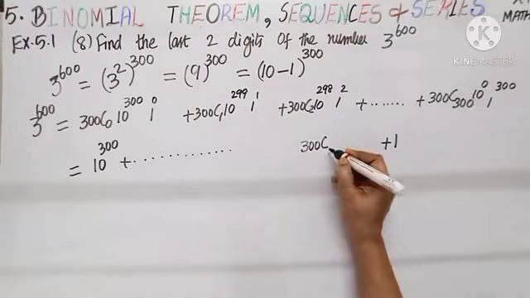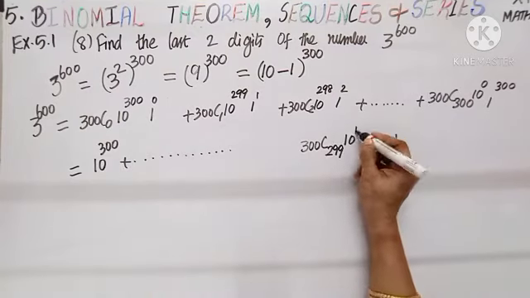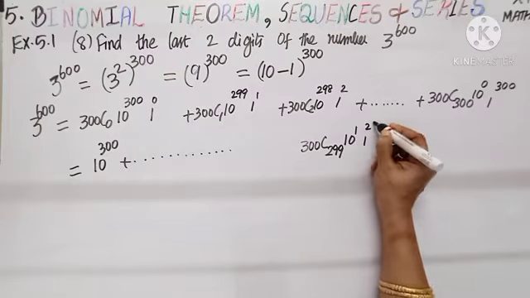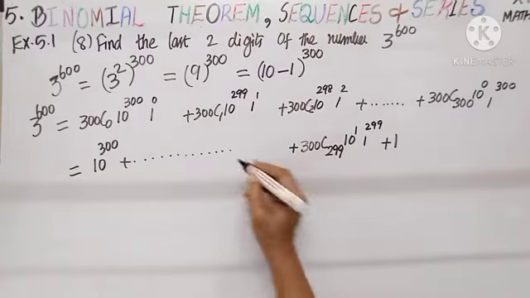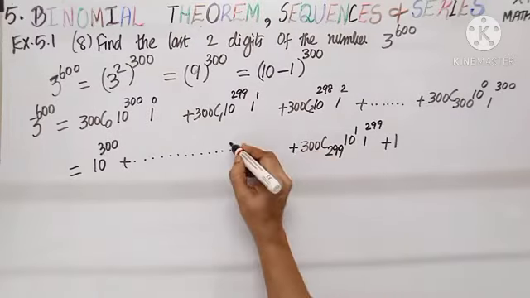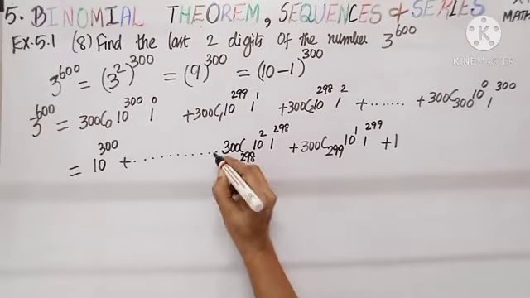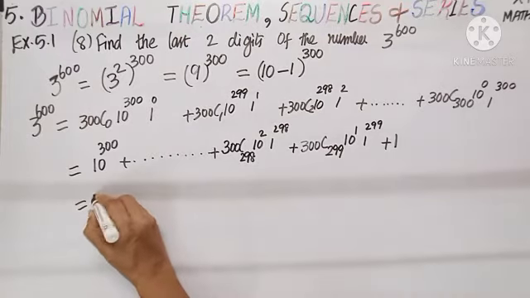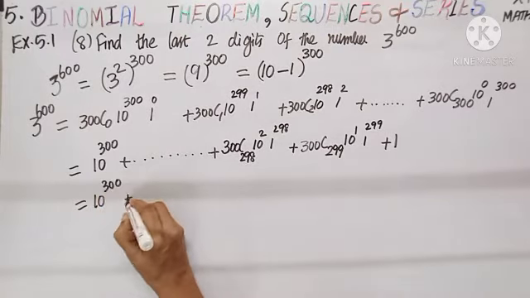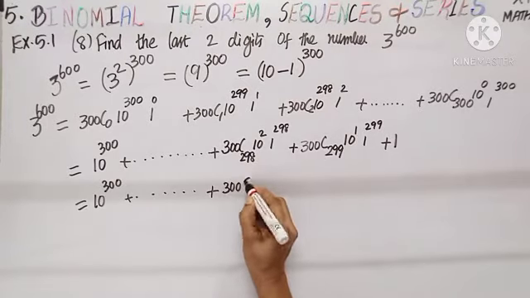300C, previous number would be 299. 10 power 1, 1 power 299. The previous number, 300C298. 10 power 2, 1 power 298. So the expansion goes like this. 10 power 300 to this power 300C.